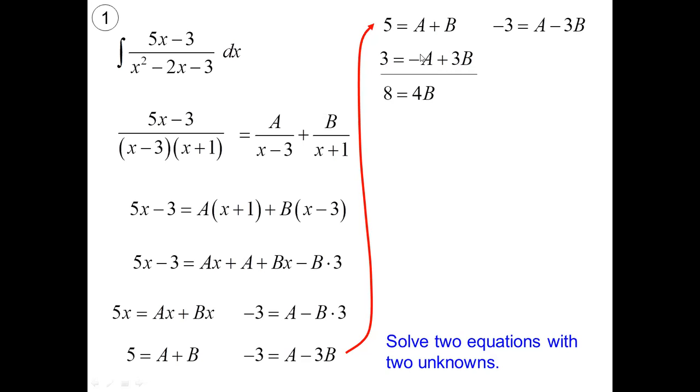You add, you eliminate the A, that gives you B, and that would be giving you a B of 2. If B is equal to 2, actually you can choose from either of the two equations to solve for A. But this is just one of the many methods you can use. So in this case, A is equal to 3. That way you can find A and B. This is the method of elimination.